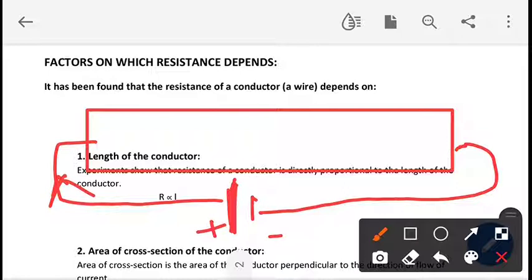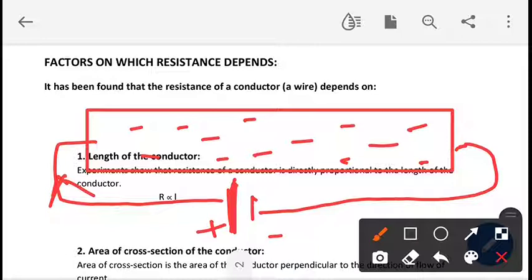Inside a conductor there are two charges. One, obviously you know, is electrons. These electrons are really present inside a conductor, but it is a matter of great concern from where these electrons come.